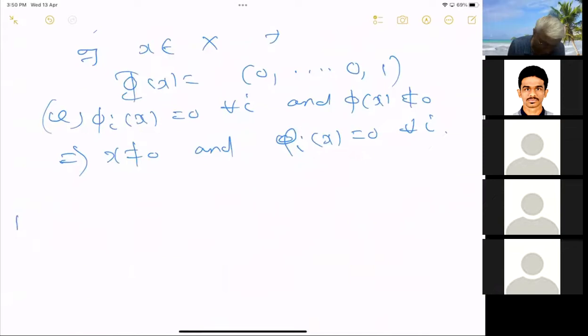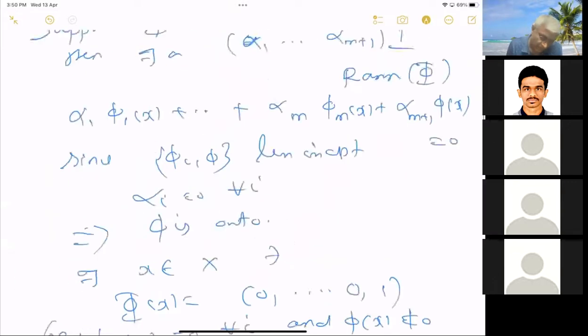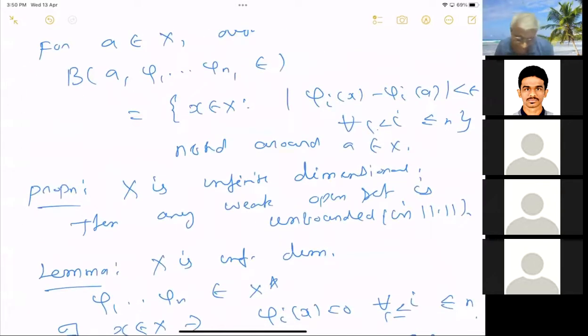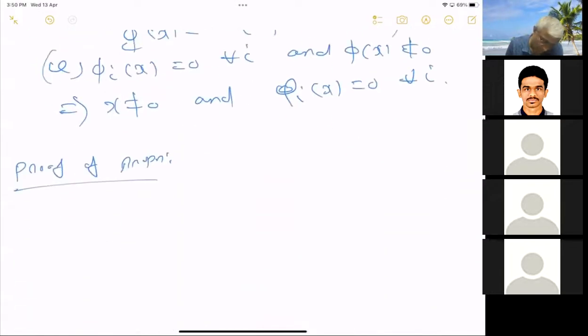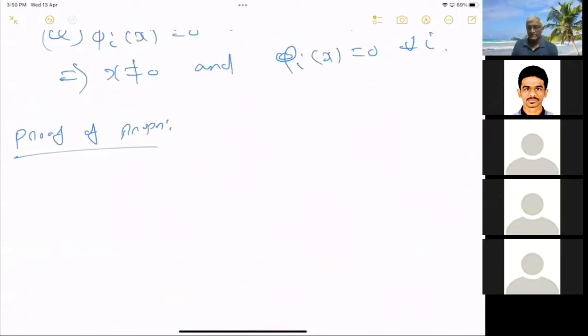Now, the proof of the proposition. The proposition says that any weak neighborhood is unbounded. It's enough to prove this, because any weak neighborhood contains a basic weak neighborhood.